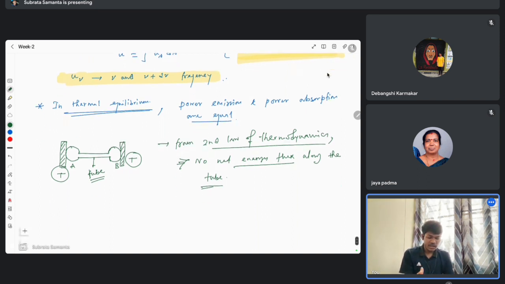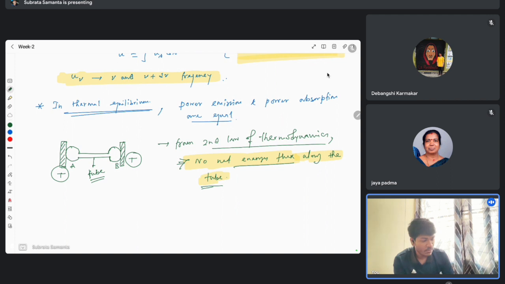So that means the energy flux emitted from container A must be absorbed in container B. They must balance, because we have seen that there is no net energy flux along the tube.